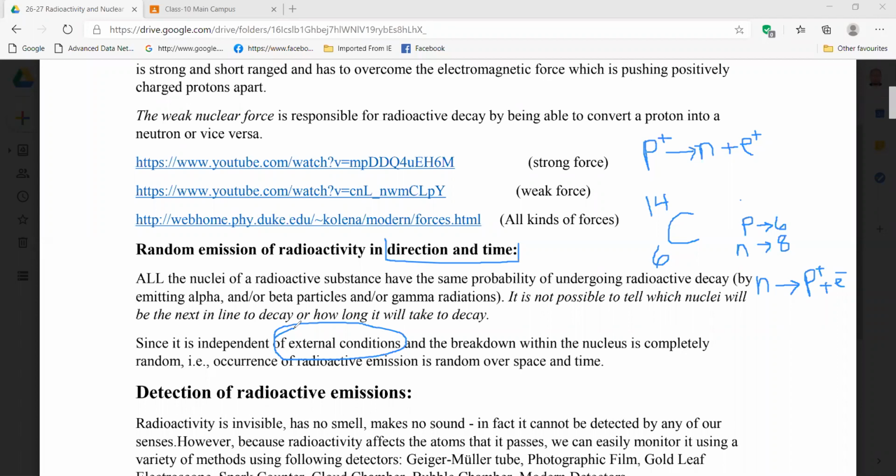And if the pressure is changing, that also affects the chemical reaction. But a nuclear reaction does not depend on any pressure or temperature or any external condition. Even if you apply force, it is not affected, and if you do not apply force, it is not affected either. So it is independent of external conditions.